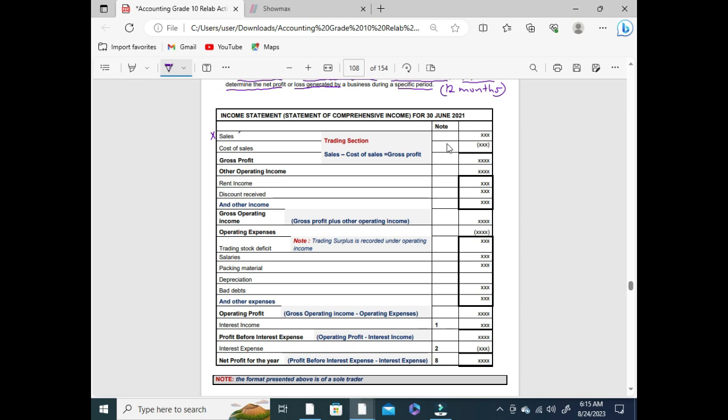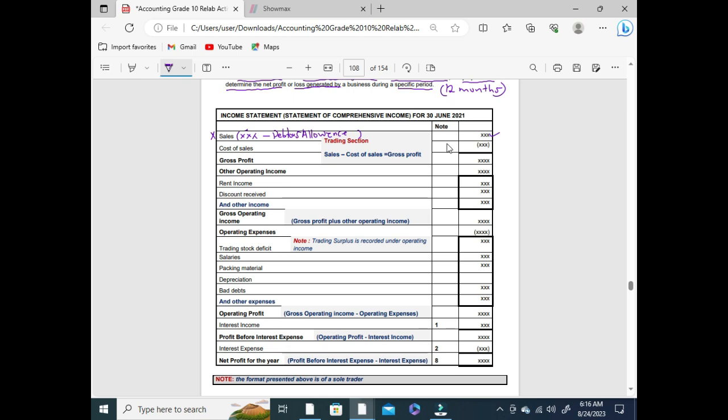And then in sales we'll subtract our debtors allowance. So we are going to have an amount for sales from our pre-adjustment trial balance, subtract debtors allowance, and then we are going to have a total for our sales. It's the same thing we've been doing under our trading account.